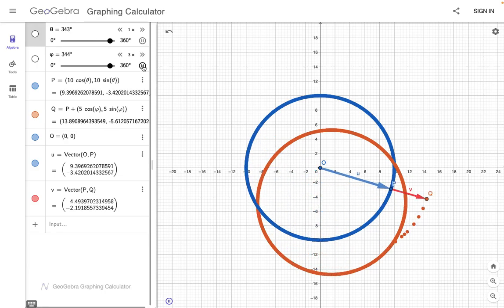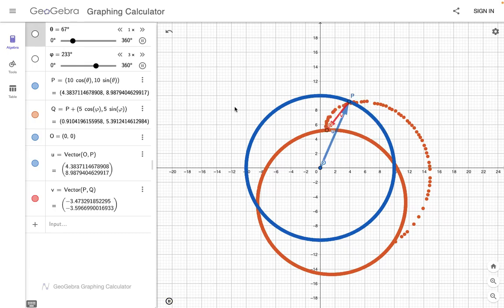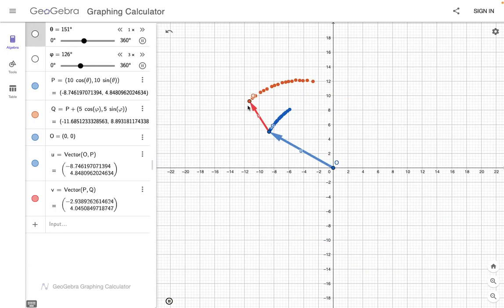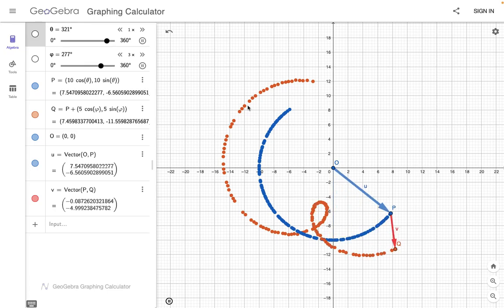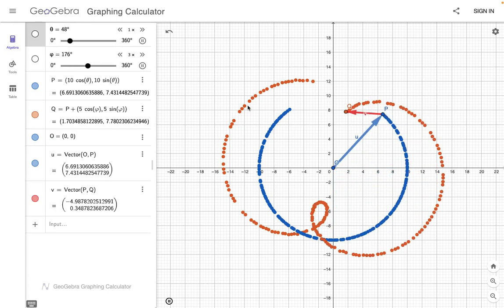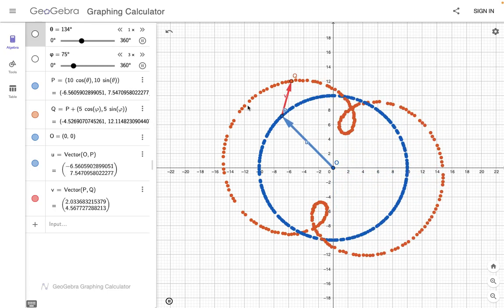I'm sorry, here this is 3x, the speed of theta.